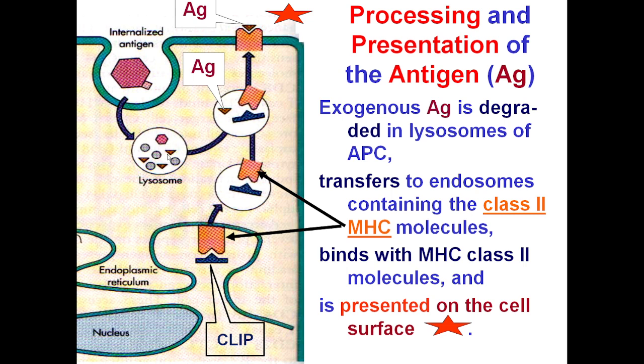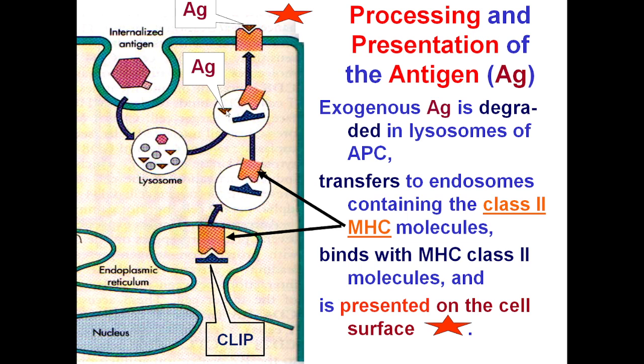Microbes are destroyed, antigenic peptides are isolated from the bacterium, and after that, in the Golgi apparatus, they are injected to the area in the Golgi apparatus where the MHC2 protein is present.